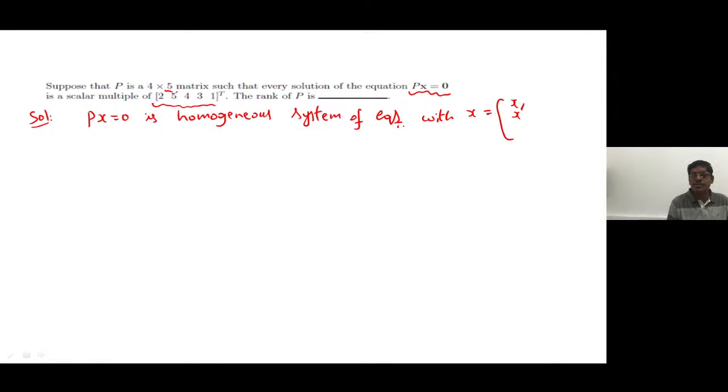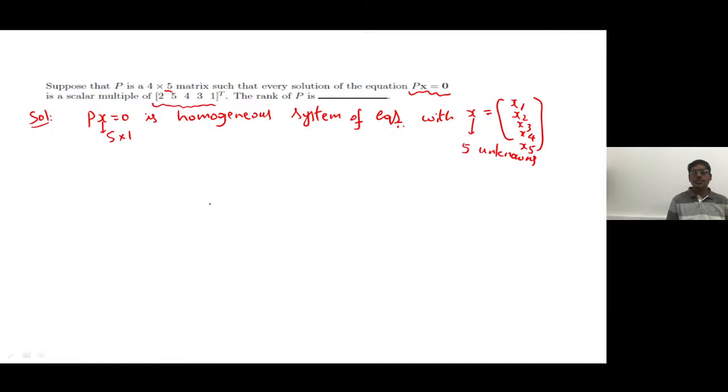Take care, when the matrix multiplication P into X exists, P is a 4 by 5 matrix, X is automatically 5 cross 1, then only P into X exists. So x1, x2, x3, x4, x5. These are 5 unknowns. Unknowns are also called variables.